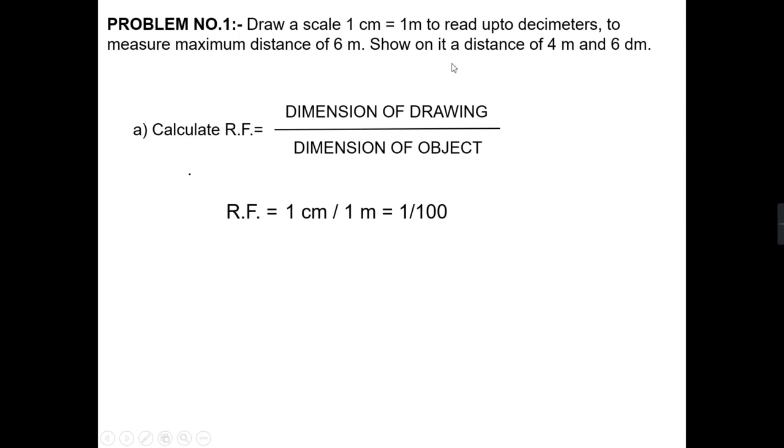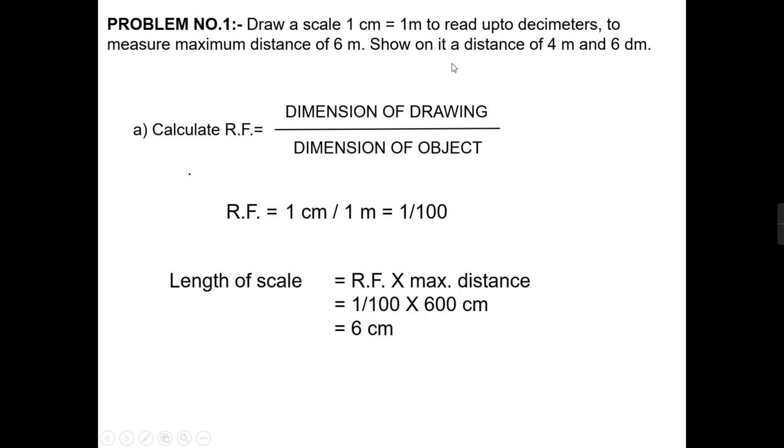Then we have to find the length of the scale. The length of the scale can be found by multiplying the RF with the maximum distance, that is 6 meters. So we will get the length of the scale as 6 centimeters.